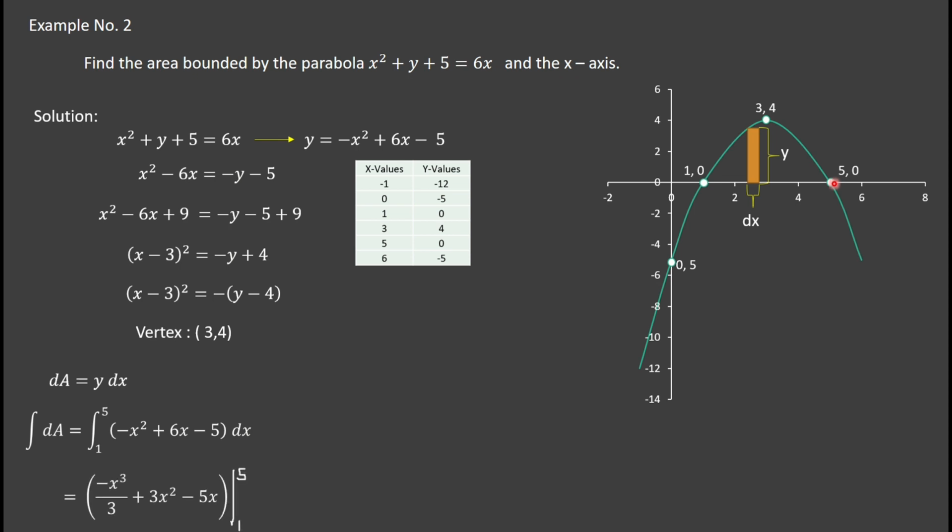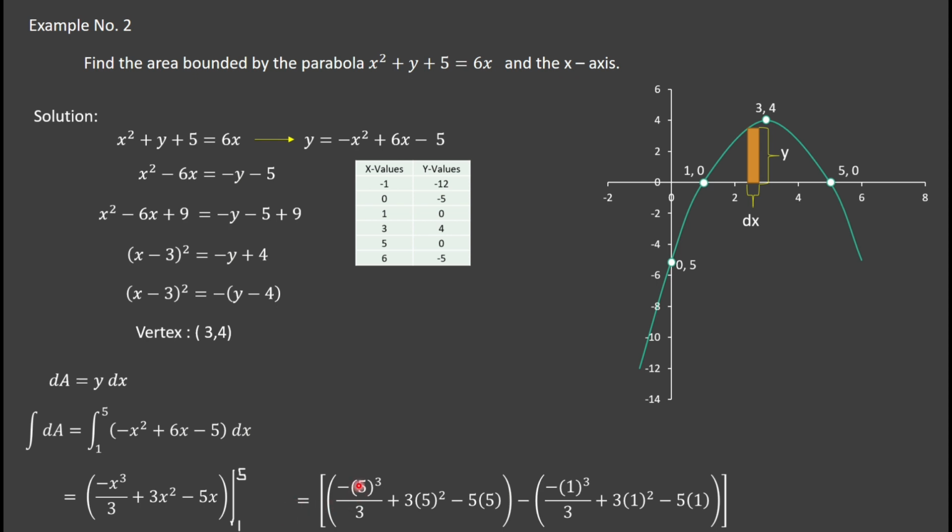Next, integrate. We have the quantity of x cubed over 3 plus 3x squared minus 5x. Then substitute the upper and lower limits.